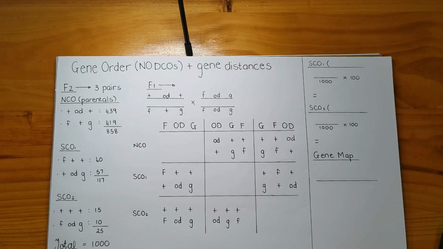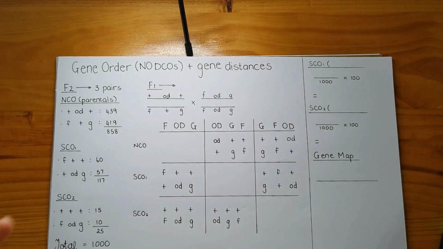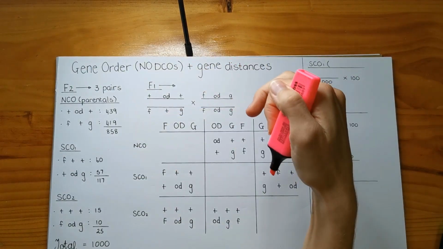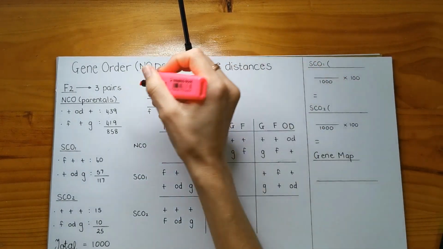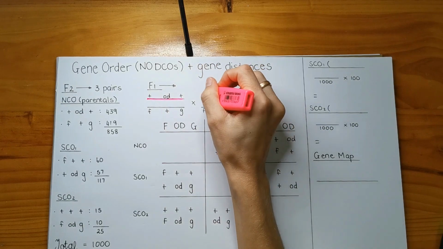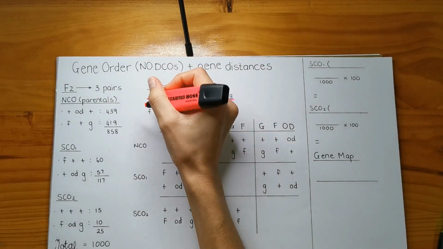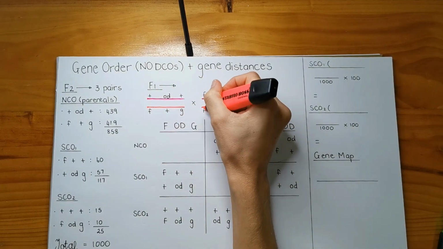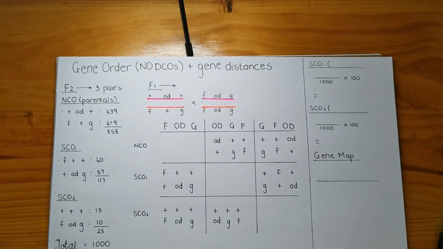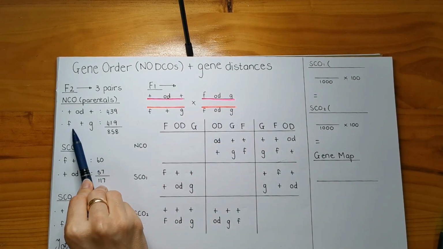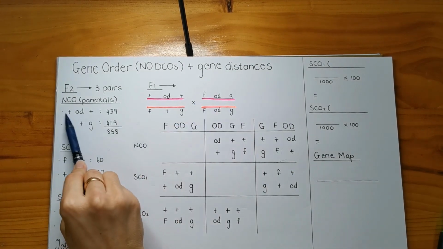And remember in my last video, I've got new highlighters now, when we're doing our parentals, our parental group, we always take the top 2, and we take the bottom 2. If we do cross them, that one and that one looks like that one, and that one looks like that one.